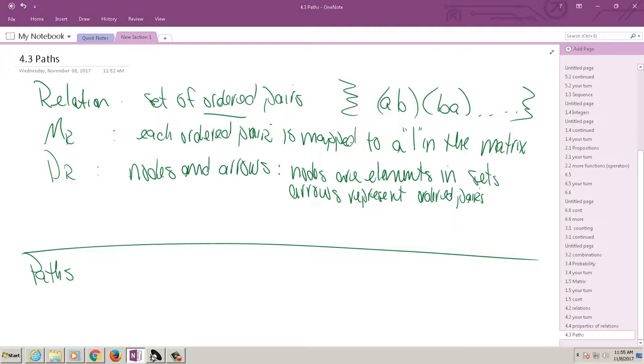So now what we need to do is discuss paths. So a path is a finite sequence of arrows where the starting node for each arrow is the ending node of the previous arrow. So a path, it is a finite sequence of arrows. And then we have to define it as the starting point for each arrow is the ending point of the previous arrow.